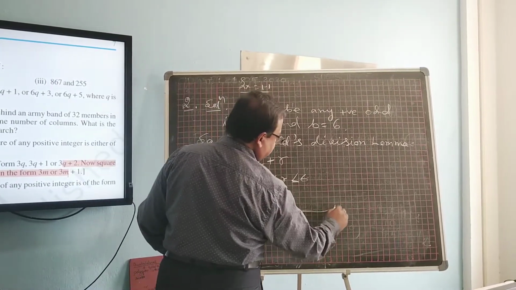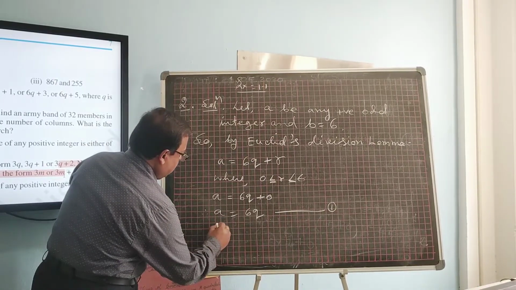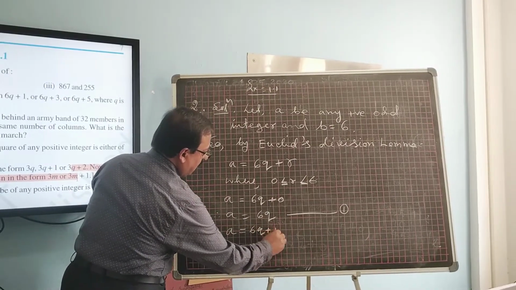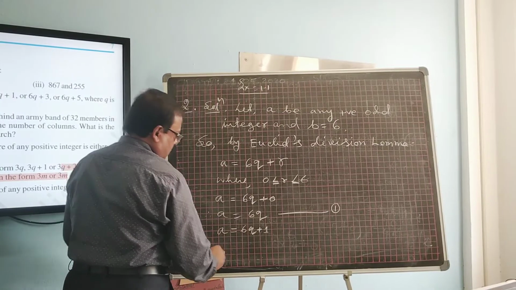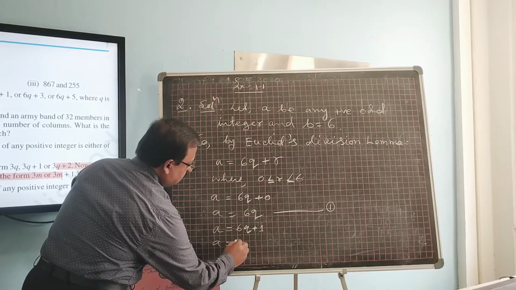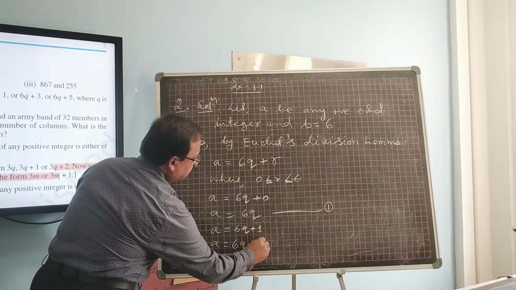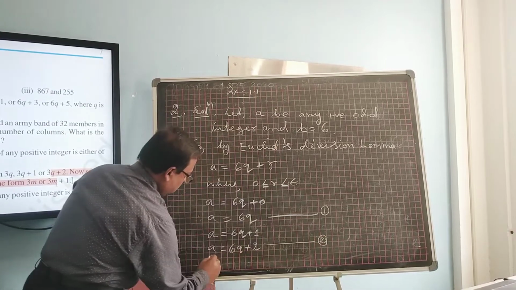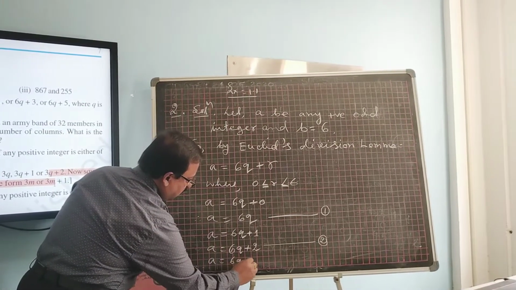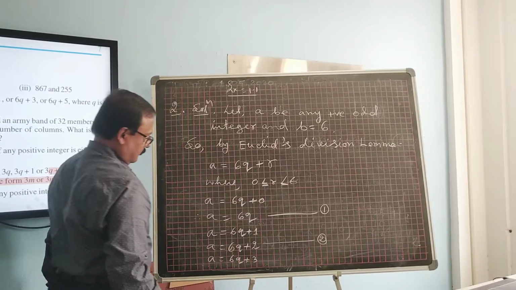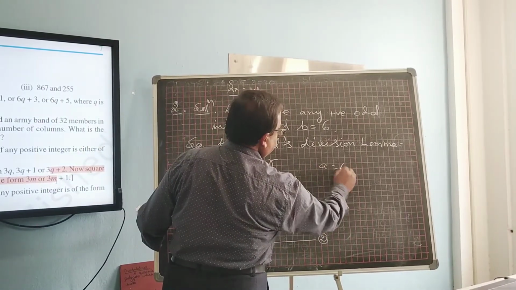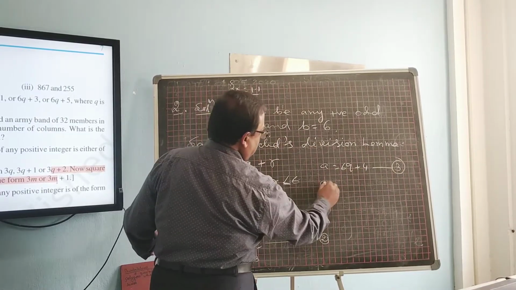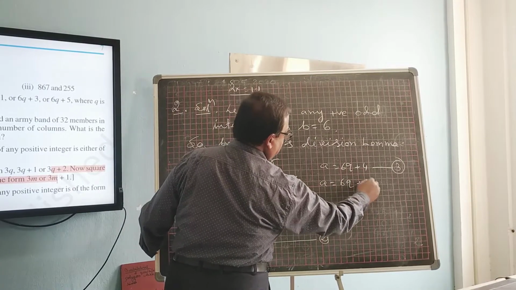That was number 1. Then a equals 6q plus 1, a equals 6q plus 2, number 2. a equals 6q plus 3, a equals 6q plus 4, number 3. a equals 6q plus 5.